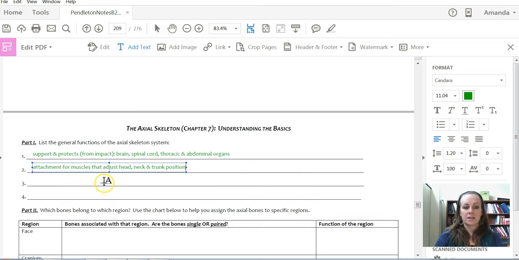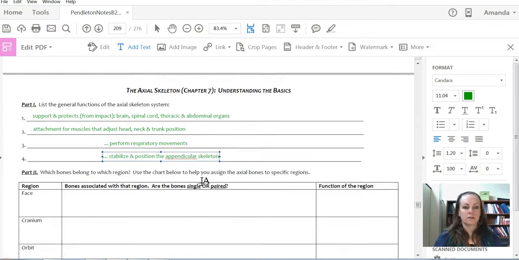Okay, it's going to be attachment for muscles that perform the respiratory movements, and this is all straight from your book. It's going to be an attachment for muscles that stabilize and position the appendicular skeleton. So these are some of the general functions.